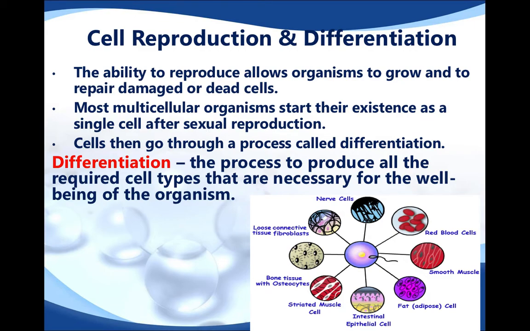There are other types of cell division which include mitosis, which is the majority of all cells. There is meiosis, M-E-I-O-S-I-S, which only takes place in the gametes, i.e. the sex cells. And there is also a cell reproduction in bacteria or prokaryotic cells, which is called binary fission, which we will look at, as I say, later on.